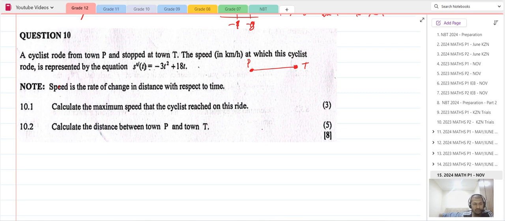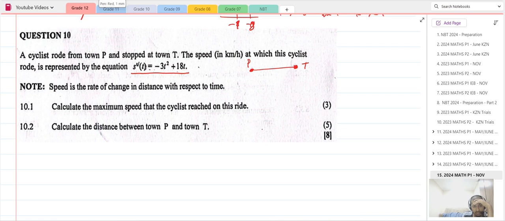Right, so we already have the speed function: minus 3t squared plus 18t. Calculate the maximum speed that the cyclist reached on this ride.